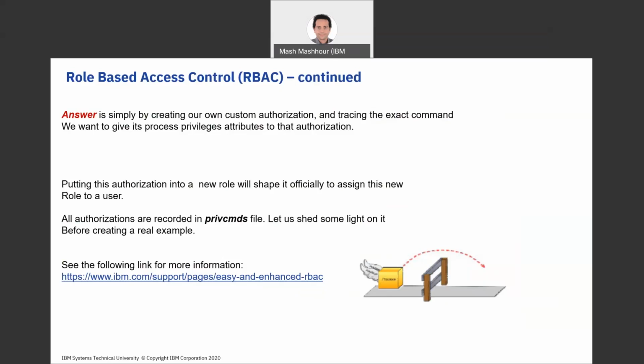After tracking it, you trace its privileges. You will take its privileges, create an authorization for yourself, attach those privileges to this authorization and the cfgmgr command. Then you create a role and assign this authorization to it. Once you create the authorization, you will see it in the privcmds file. And once you create the roles, you will see them in the list of the roles.